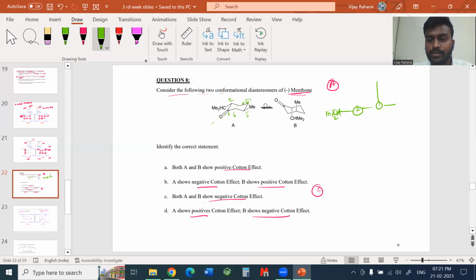The CHMe2 group is attached equatorially. Here will be 3, 4, 5, and 6, right? At the three position, at equatorial, methyl is attached. So in this one, which Cotton effect does this group show? This A structure shows a positive Cotton effect, right?